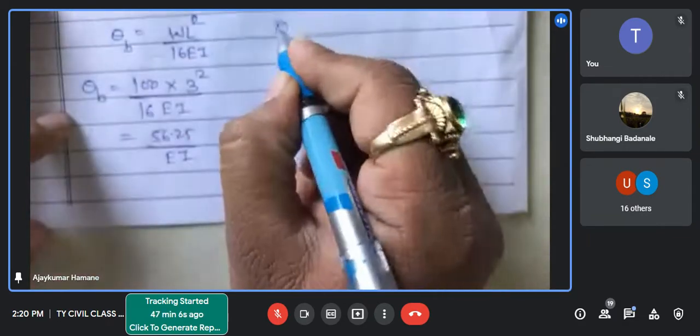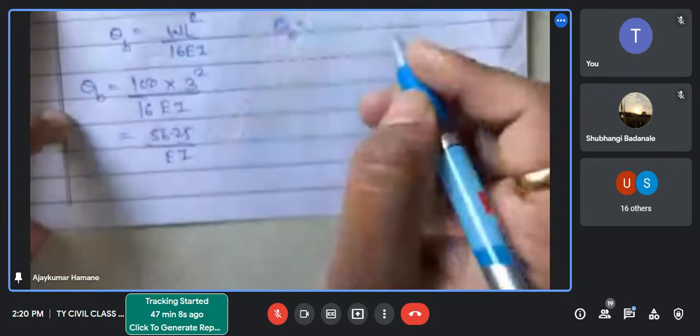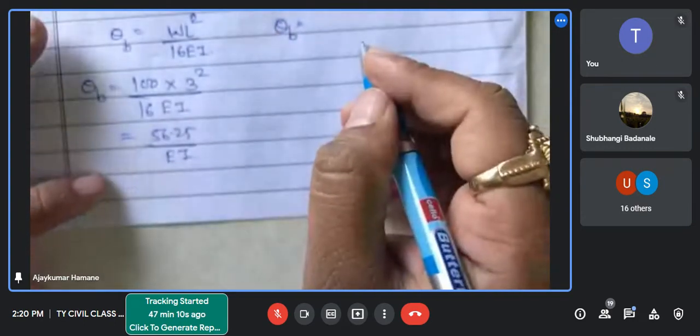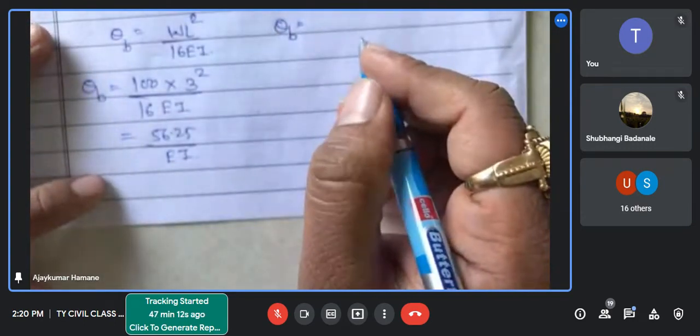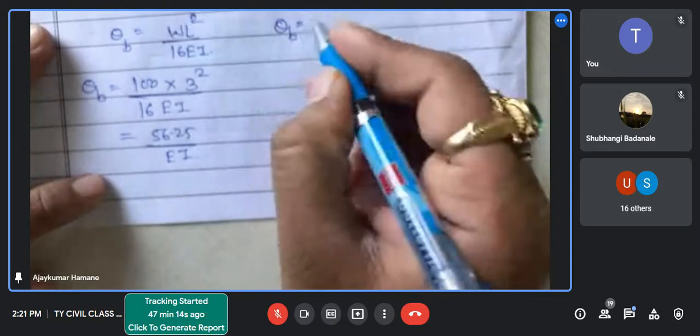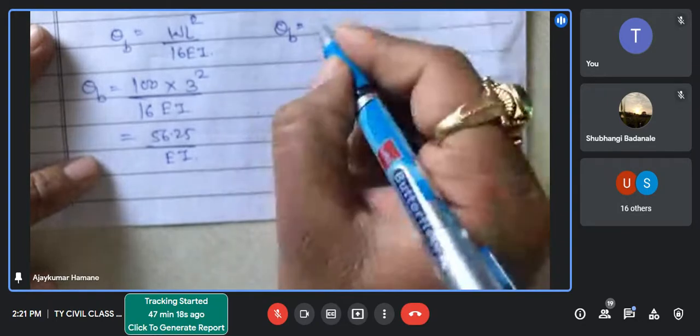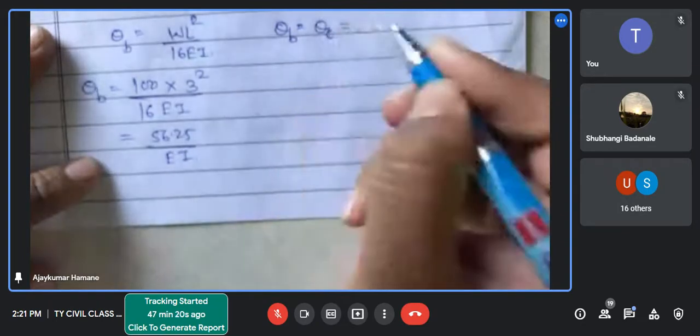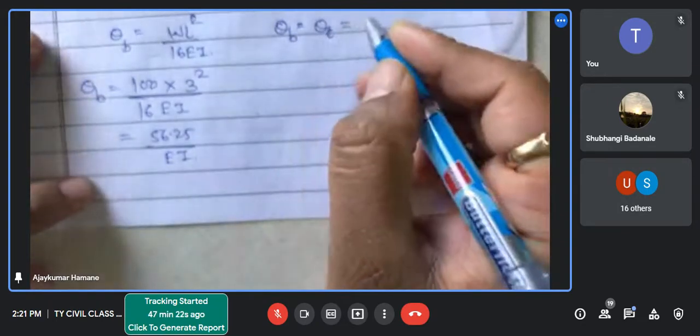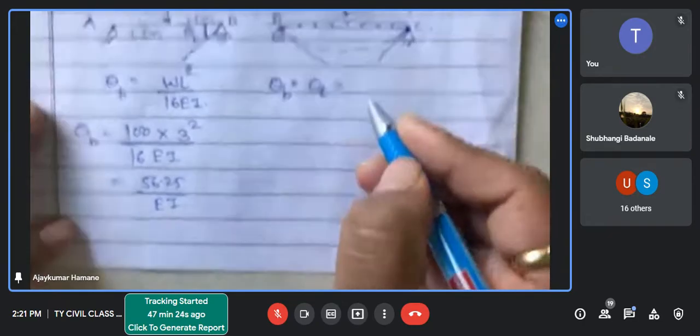Now here what is theta B? Theta B and theta C are both the same. What is the equation?